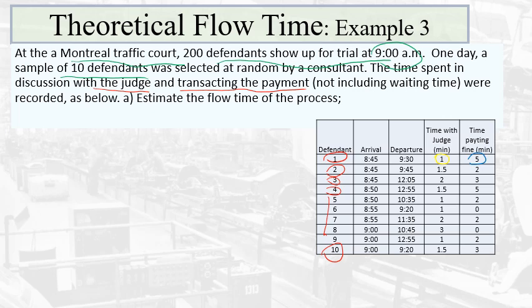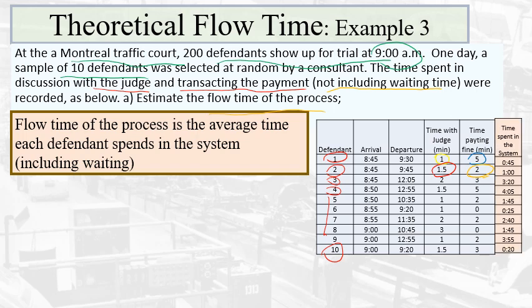So this is defendant 2. For defendant 2, spending 1.5 minutes with the judge and 2 minutes paying the fine, and so on. So this is not including waiting time. The time spent discussing with the judge and transaction payment, not including waiting, were recorded below. Estimate the flow time of the process.